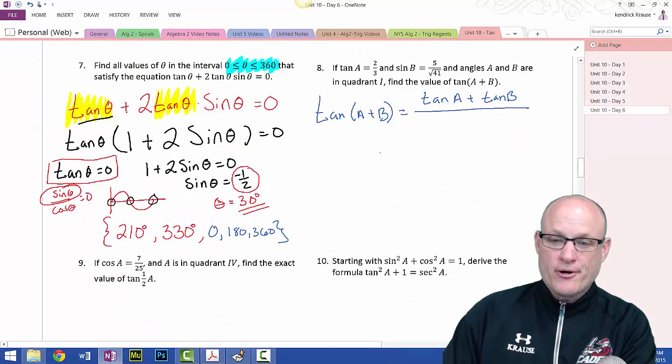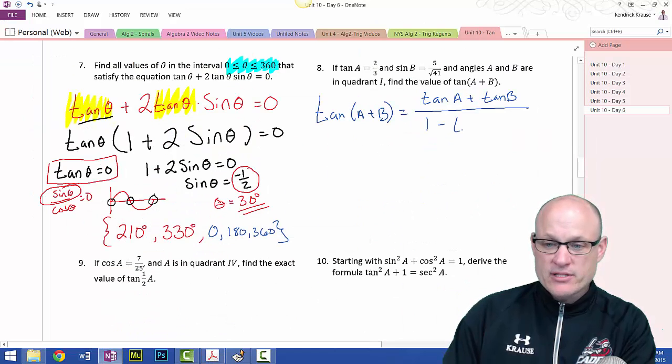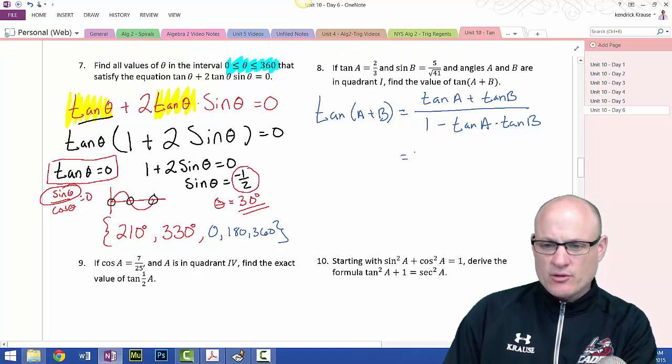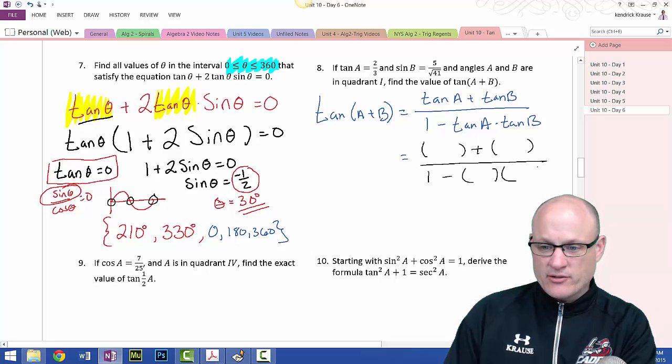Make sure you know. 1 minus tan A times tan B. Now, everywhere I see something I'm going to replace, I'm going to put parentheses. So, tangent A goes here, plus tangent B goes here, all over 1 minus tangent A goes here, and tangent B goes here.